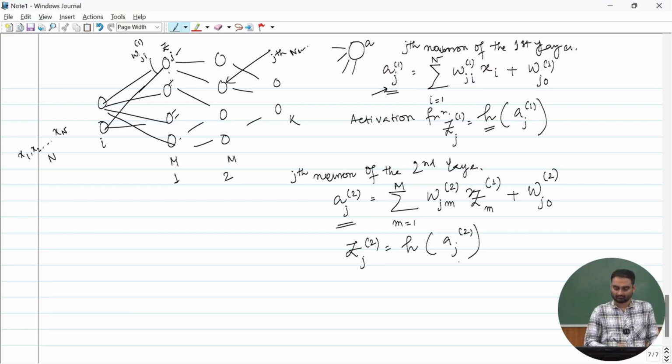Now this is the second layer. Now the output layer, let's say Yk.